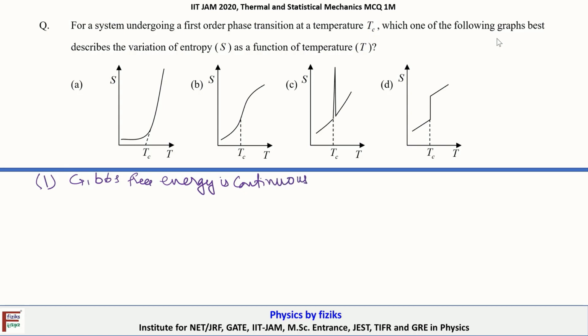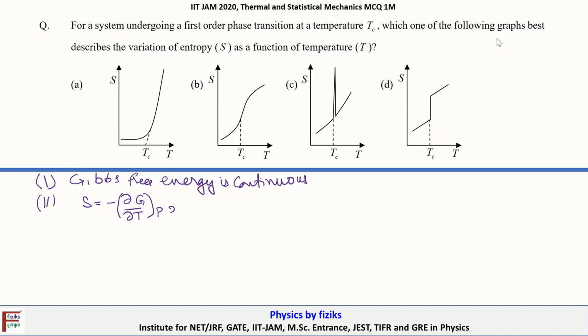But the derivative of Gibbs free energy G with respect to T, which we call the entropy, is related to the first derivative of Gibbs free energy through the relation S = dG/dT at constant pressure.